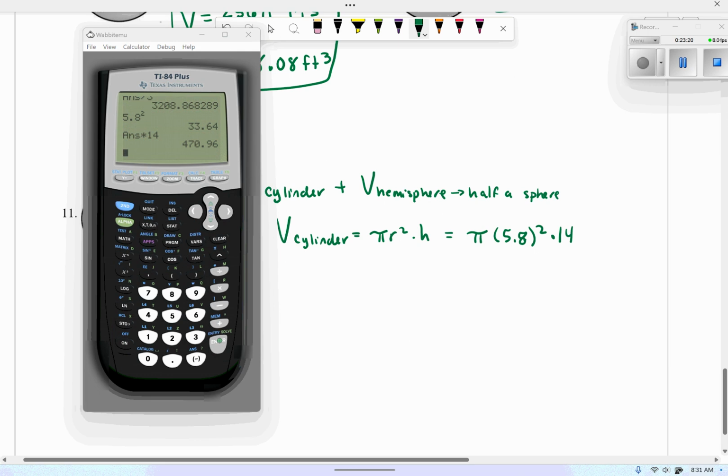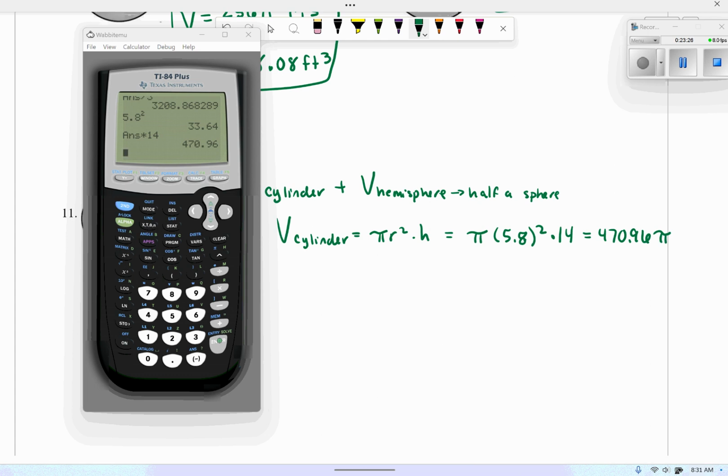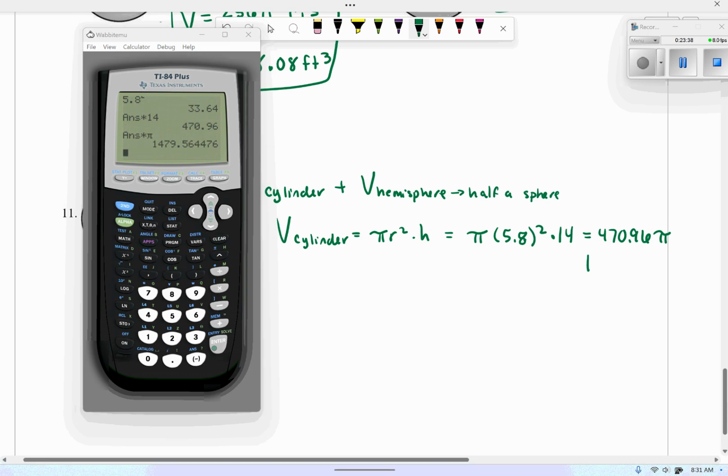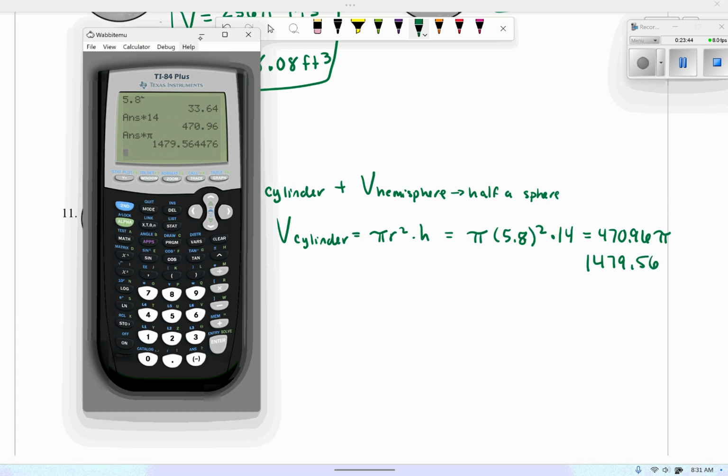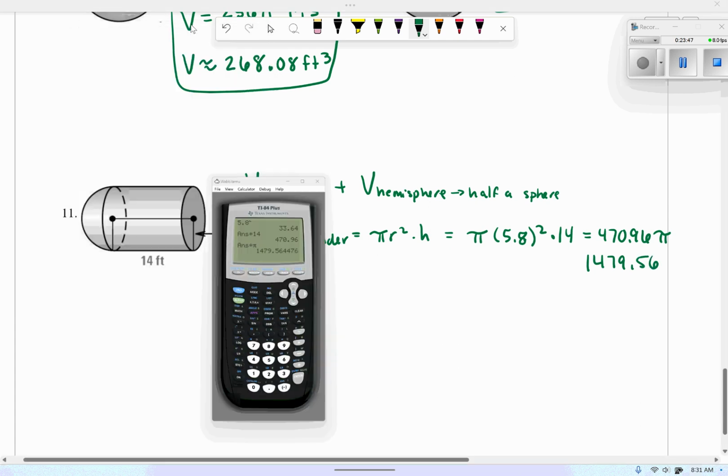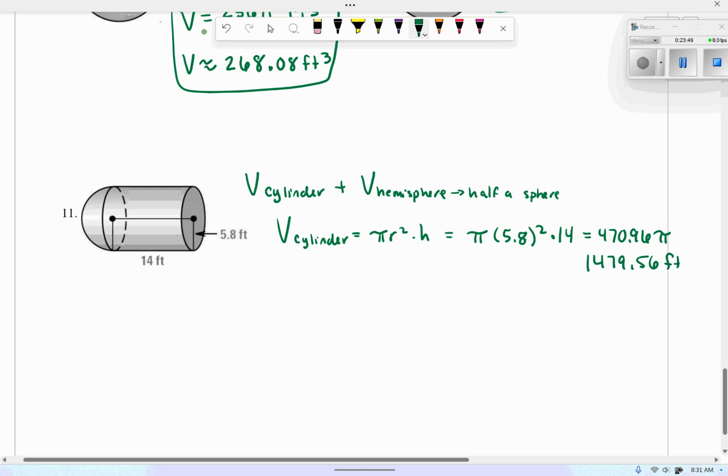So this would give us 470.96 pi. So since it's already a decimal, let's just go ahead and write this as a decimal approximation. So we're going to times that answer by pi. So this gives us 1,479.56. And that label was cubic feet.